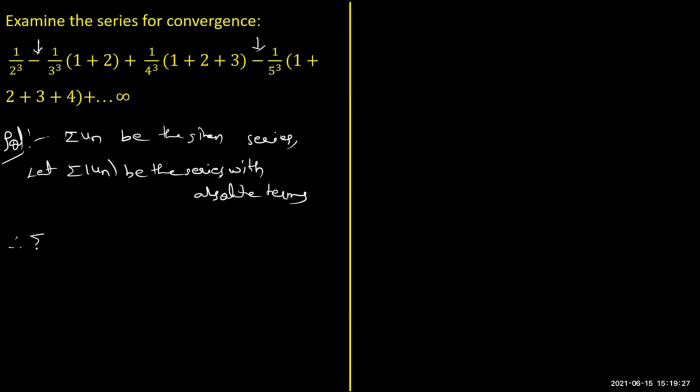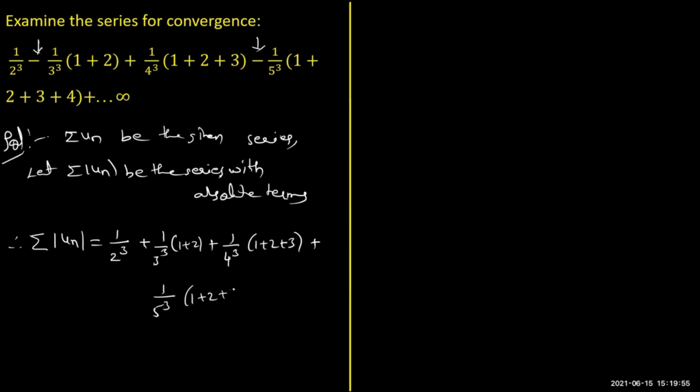So therefore, summation mod un is, I'll just write all this series by taking only positive sign. I mean like this, 1 by 2 cube. Though it was negative earlier, I'm taking it as positive now. See, 1 by 3 cube, because we are taking the modulus. 1 by 3 cube into 1 plus 2, then plus again 1 by 4 cube into 1 plus 2 plus 3, then plus again, see, I'm taking plus only, 1 by 5 cube into 1 plus 2 plus 3 plus 4, and so on.